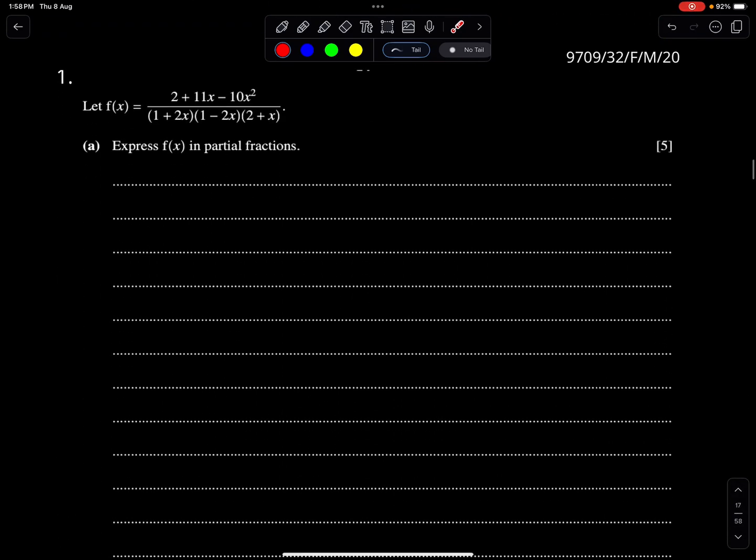Let's understand these rules with the help of these examples. See, all three factors are linear. So this is the way to split this fraction.